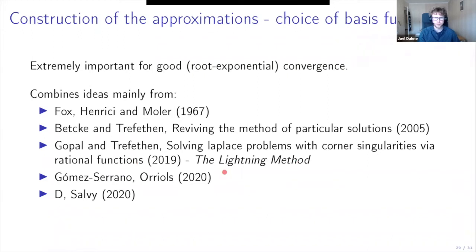Here they introduce something which they call the lightning method. This method is very important for how we choose our basis functions, and it's also very similar to what we're doing in these 2 papers. The inspiration comes from these 2, but we have had to combine them in different ways.